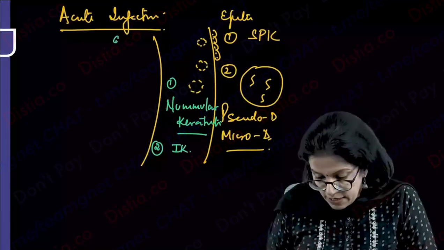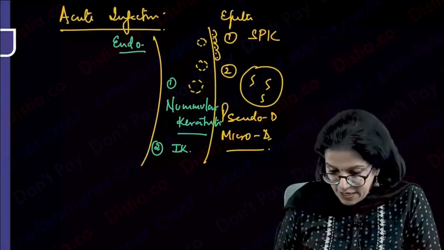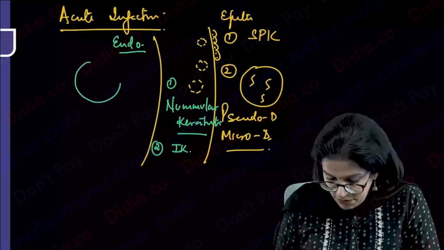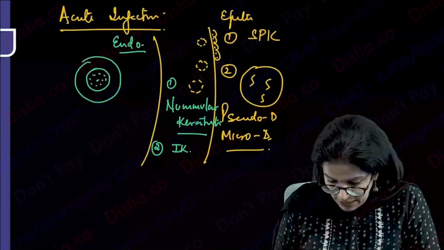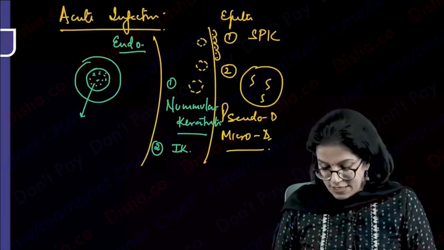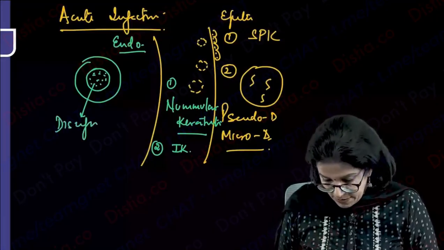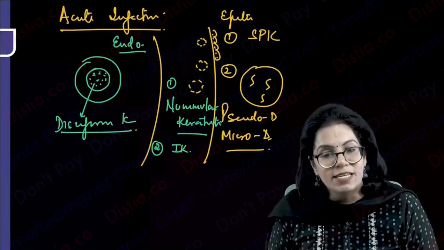Coming to endothelial involvement, just like HSV, it is going to lead to disciform keratitis, disc-shaped involvement of the endothelium. So disc-shaped endothelitis is what is disciform keratitis, leading to central corneal edema.